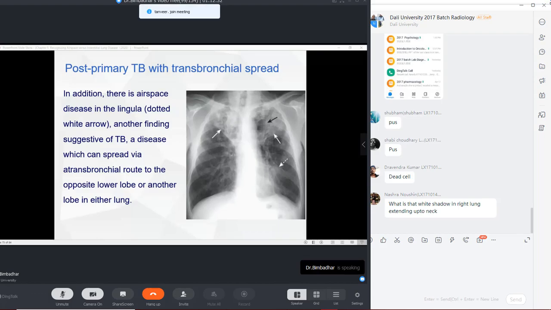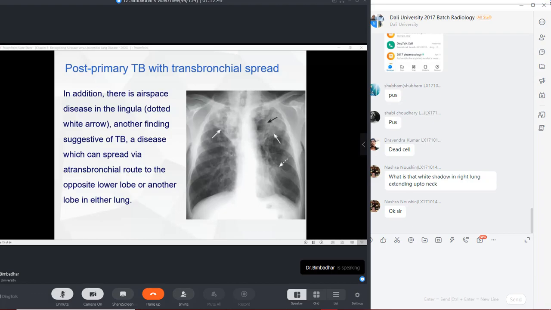Both the alveoli along with the interstitium have been filled up. Alveoli are filled up with caseating reactions, pus. And the interstitium also has been collapsed, right? Which eventually formed a cavity.